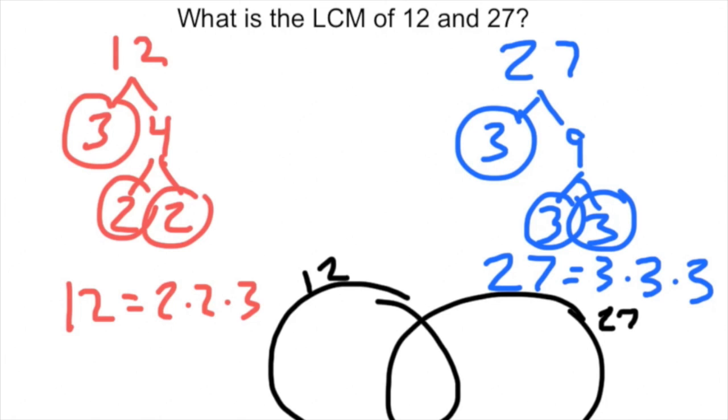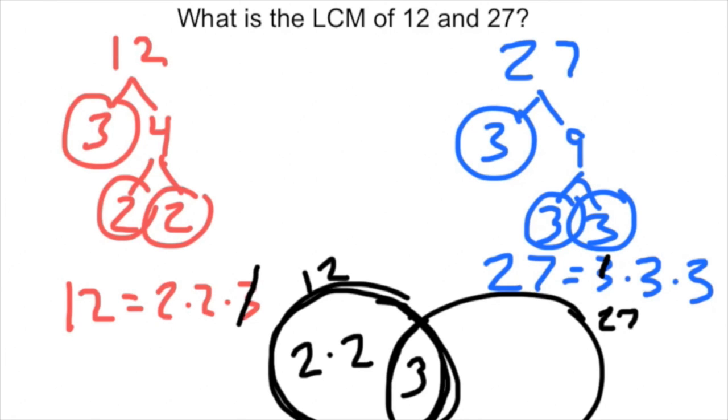And in this middle overlap is where we put the numbers that are the same for both. 12 and 27 both have 3, so I put a 3 in the center. They have nothing else in common, so to finish the circle for 12, I put the 2 times 2 here. The 27 has a 3 times 3 left over.